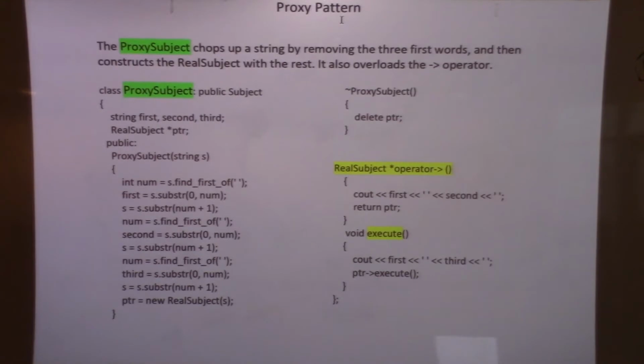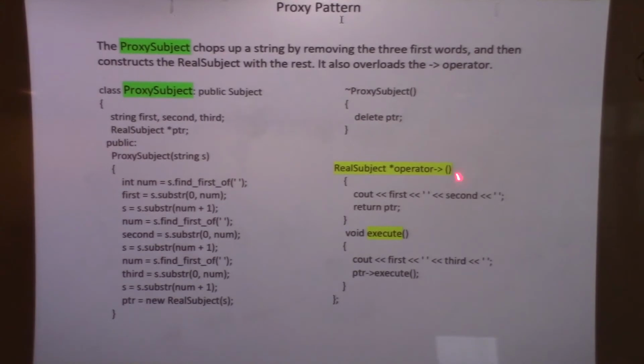So when you construct a proxy subject, look what happens. It basically starts processing some substring stuff, and then it says ptr equals new real subject s. So when you construct the proxy subject, it creates ptr, which is a real subject.